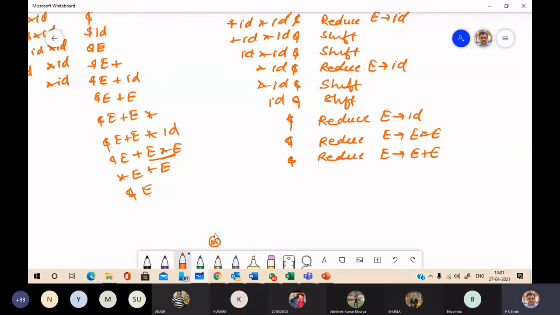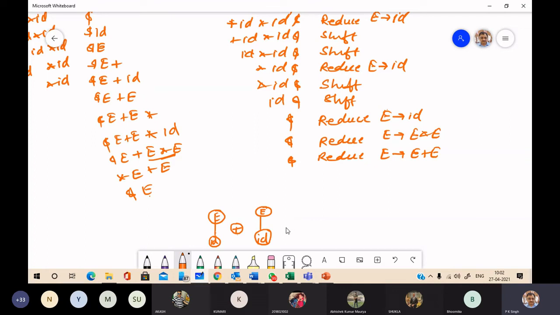It is reduced to E, so again E is an internal node. Then plus is shifted, plus will be the leaf node created. Then again ID is shifted, ID will be the leaf node. On shift, you have to create a leaf node. And when we reduce to E, it is an E internal node.